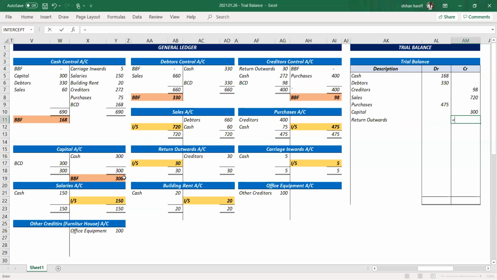Return outwards 30. Carriage inwards 5000. Salaries 150. Building rent 20.